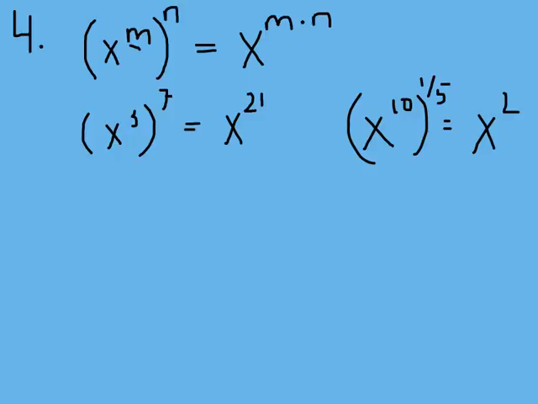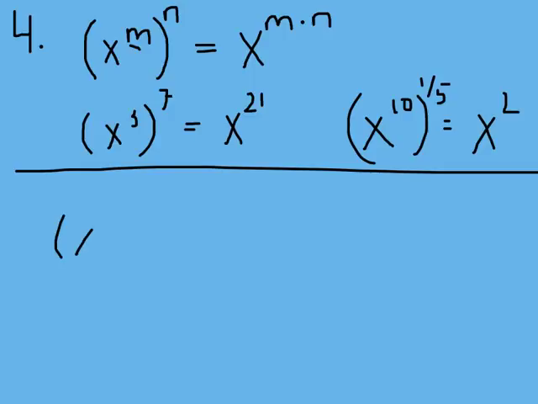Alright, let's look at simplifying one that has multiple processes to it. So let's say I have x to the 3rd, y to the -2, all to the 4th power. And I want to simplify this as far as I can.